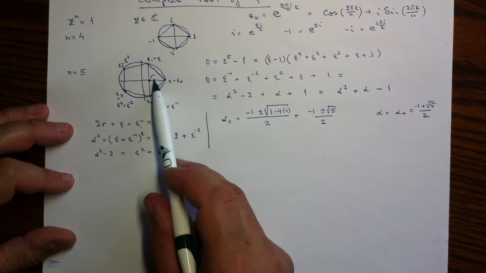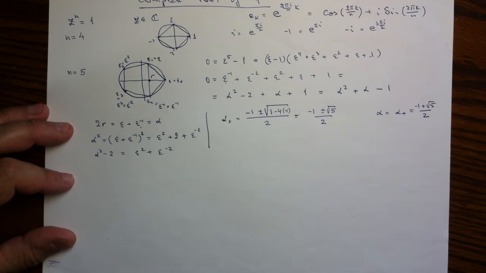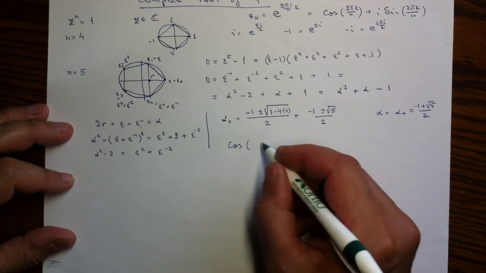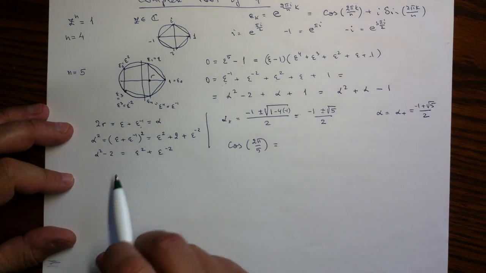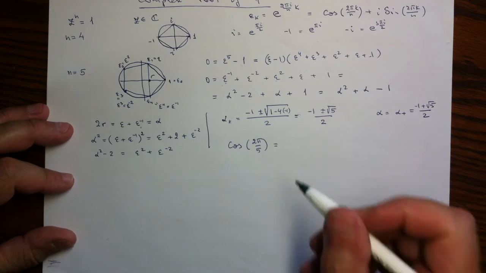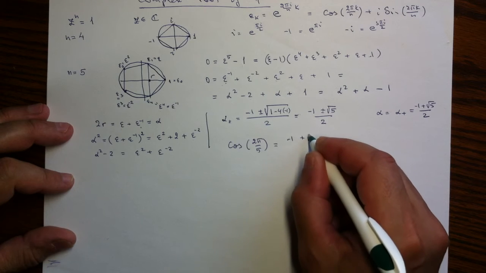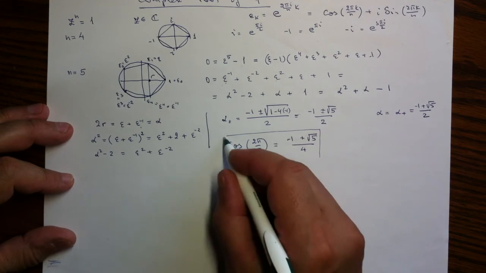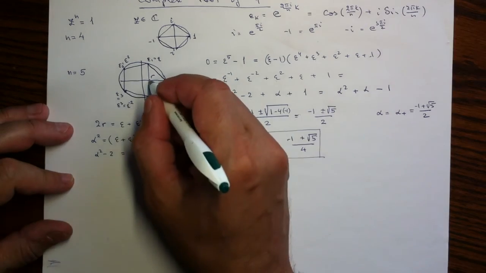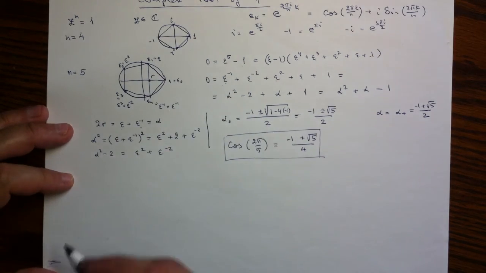Oh, we are ready to say what R is, what the cos of 2 pi over 5 is. That is half alpha, that is half this number, that is negative 1 plus the square root of 5 over 4. So that is our first answer, that is the position here.